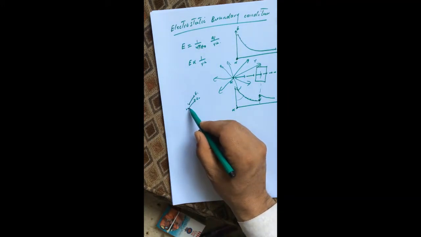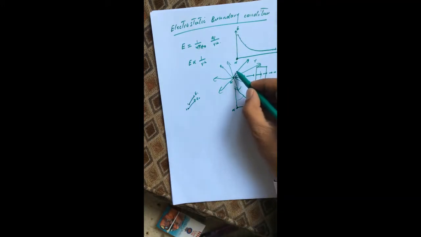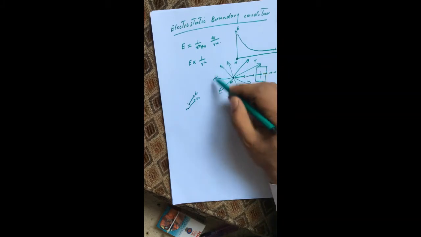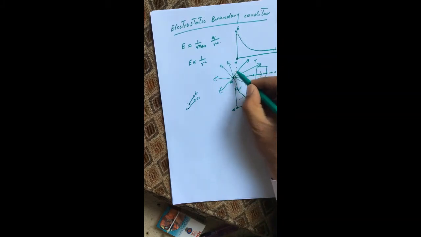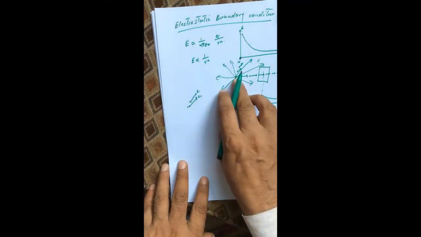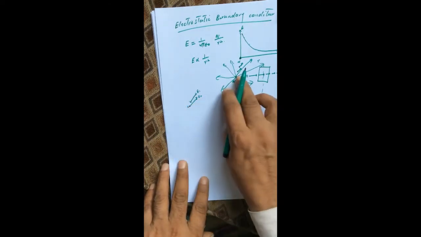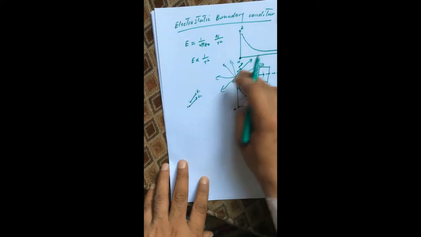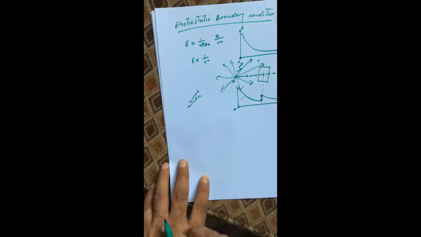These are not charges, these are any 2 points in this electric field region. The point charge is somewhere here, and I consider 2 points in this space.